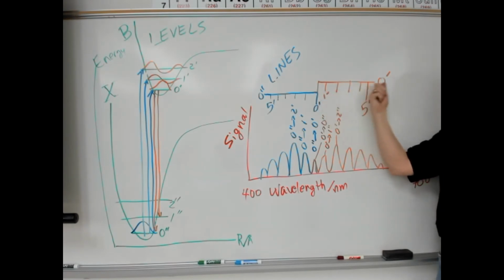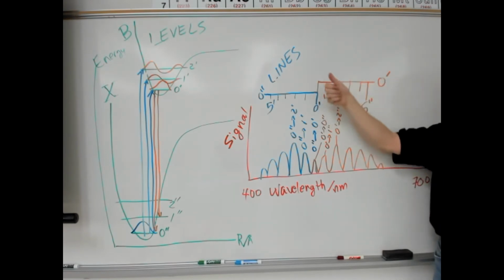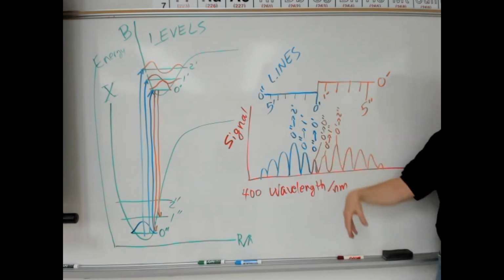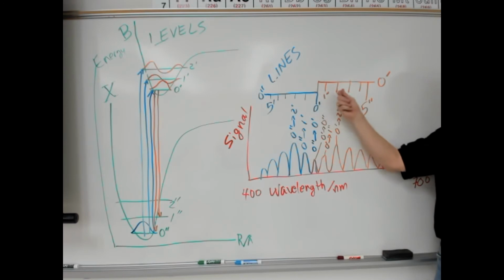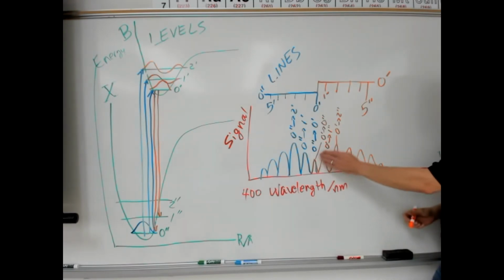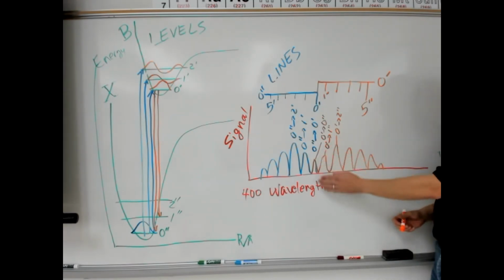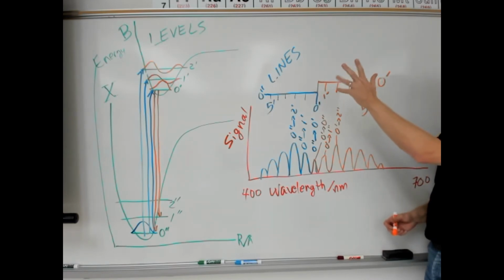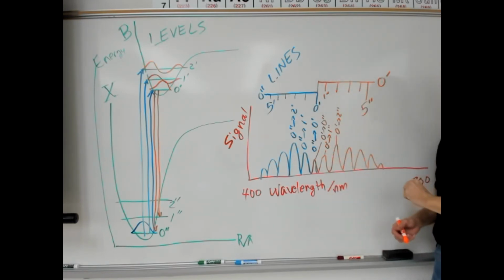All of these start at 0 prime, which is in the upper electronic state, and they go down to the vibrational levels in the lower electronic state of 0 double prime, 1 double prime, 2 double prime, 3, 4, 5, etc. You have the same kind of intensity pattern here from the Frank-Condon factors of the upper vibrational state overlapping with the lower vibrational states.